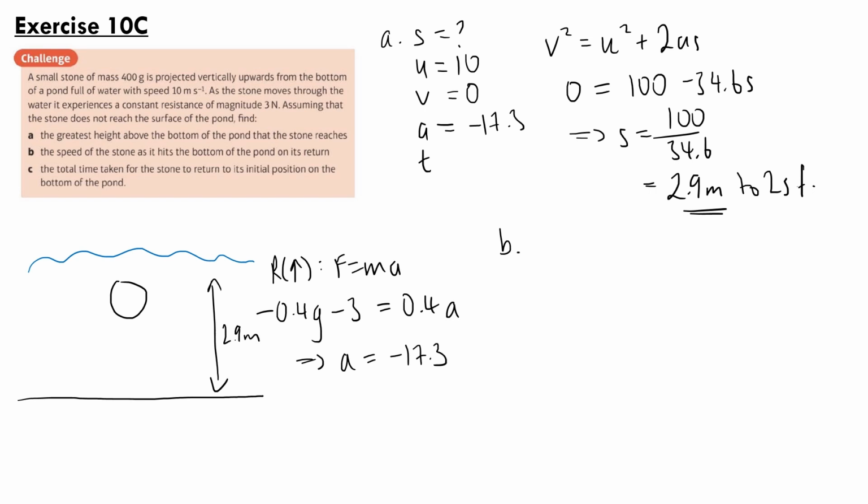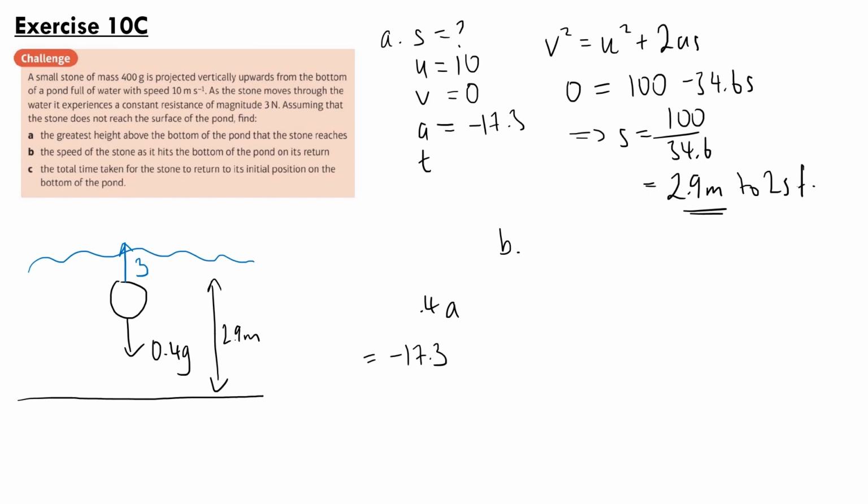We still have the weight acting downwards with magnitude 0.4g, but this time the resistance due to water will be acting upwards as the stone begins to fall back down, with magnitude 3 newtons. So again, we can use F equals ma, but this time we will resolve downwards because the stone is moving downwards.